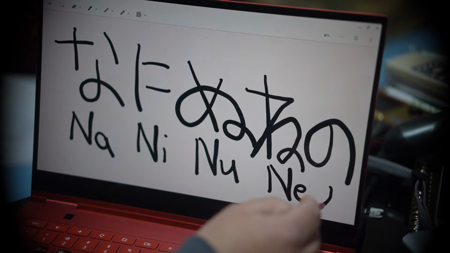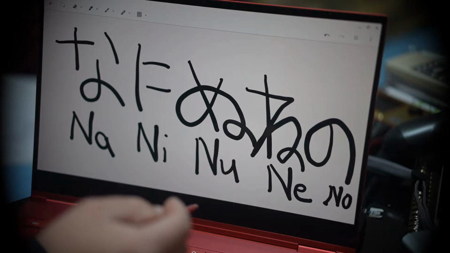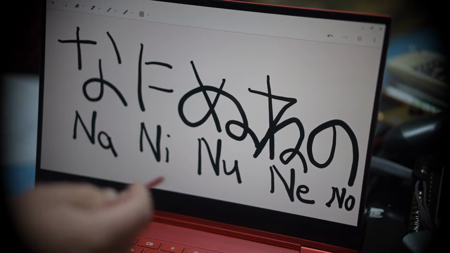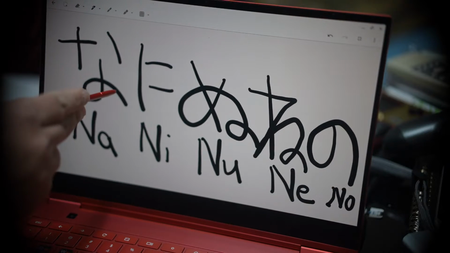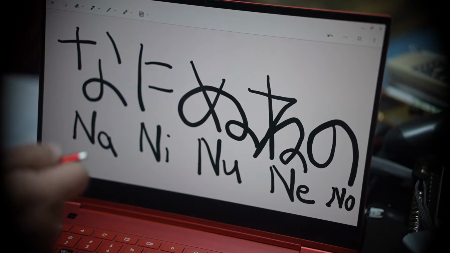And now something to remember about no is that there are many particles in Japanese that break up sentences. No is one of them. Same with ni is one of them. And they mean very different things.